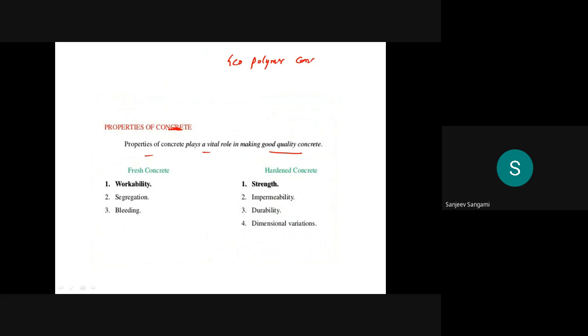Like geopolymer concrete, pervious concrete, non-pervious concrete.